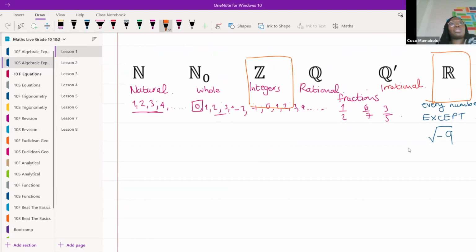Now I want you guys to note that if we look at our natural numbers, our whole numbers, and our integers, do you see how ma'am has described them as -5, -4, -3, -2, -1, 0, 1. Have I included -1,5? Yes or no? Has it been included in our description of integers? No, it hasn't.